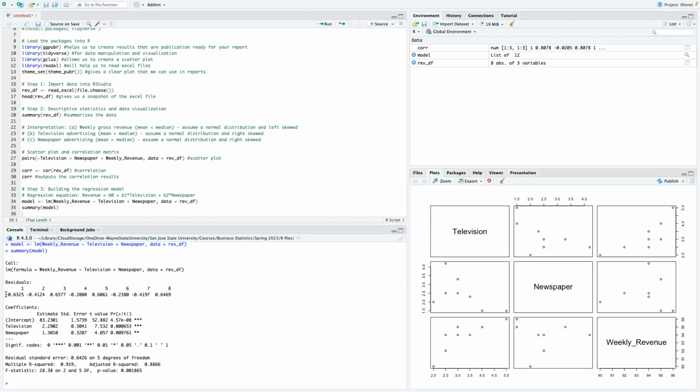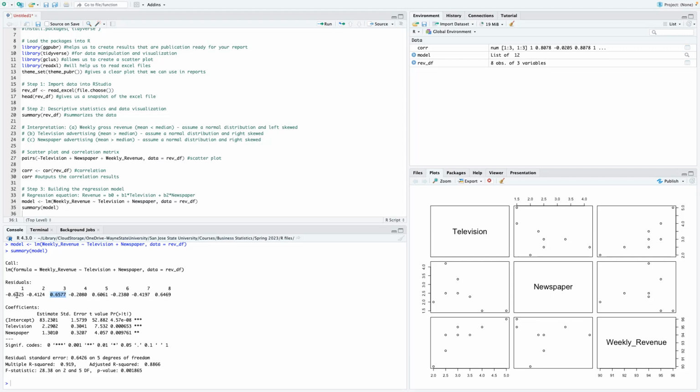The other thing I would state with regards to residuals is that a positive residual indicates that the predicted value was lower than the observed value, right? So here we had a positive value, so that means the predicted value was lower than the observed value.